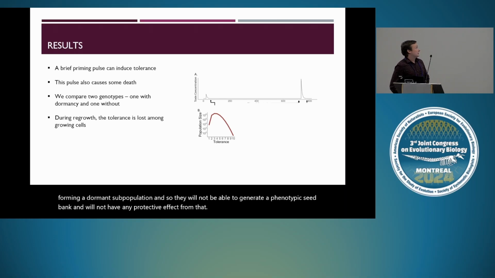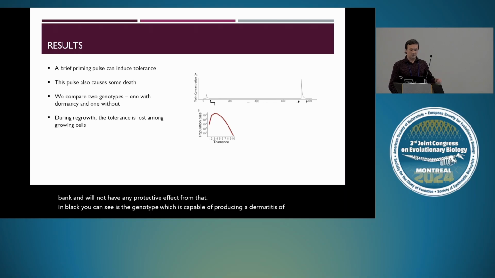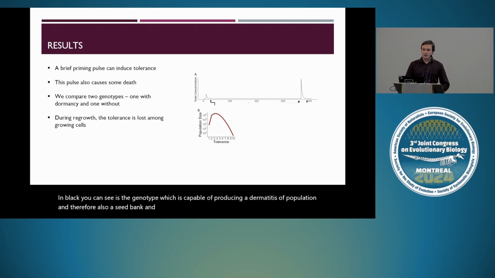In black, you can see is the genotype which is capable of producing a dormant subpopulation, and therefore also a seed bank. And so you can see after the first priming pulse, the distribution of phenotypes within the two populations is pretty much identical.